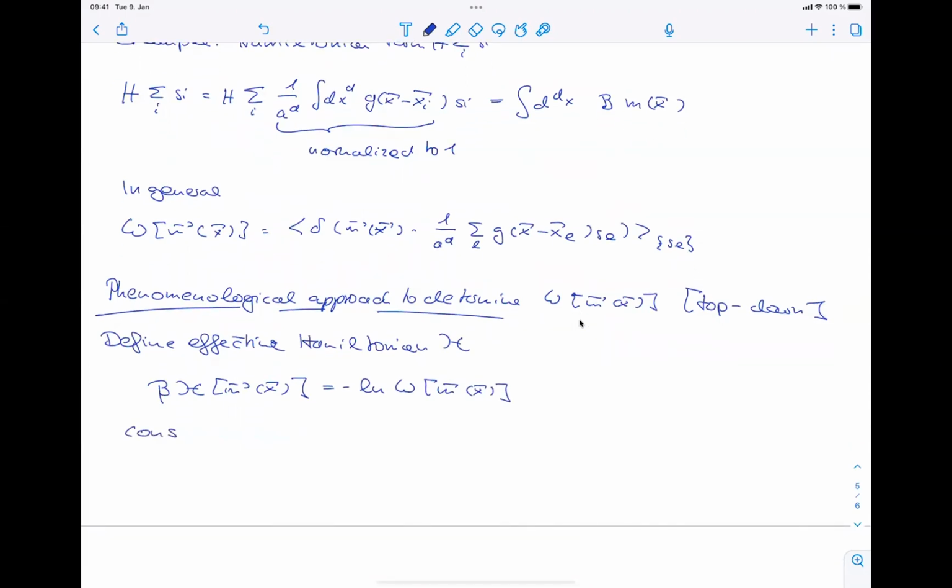And now I construct H with the following principles that I know about my system.